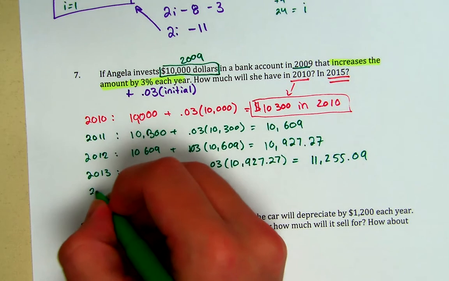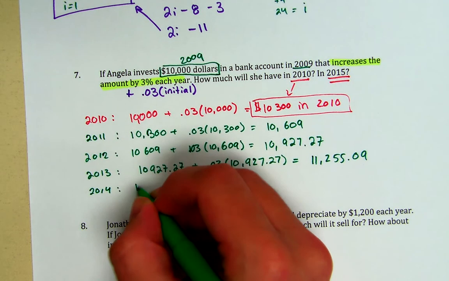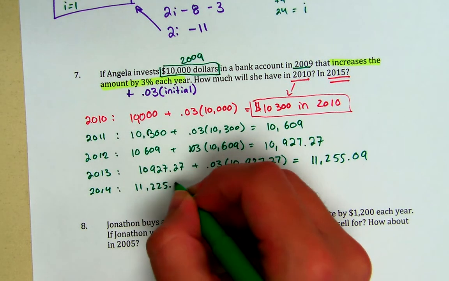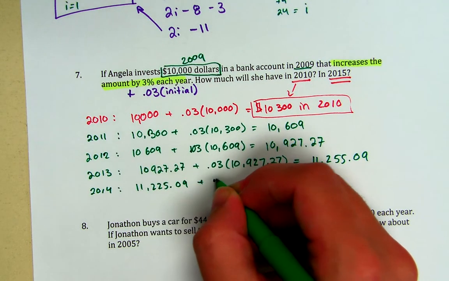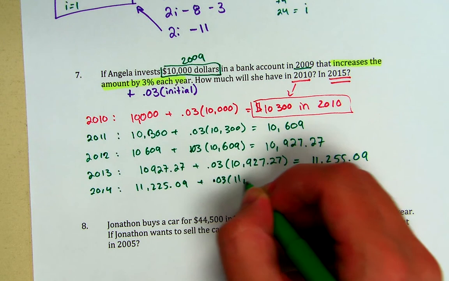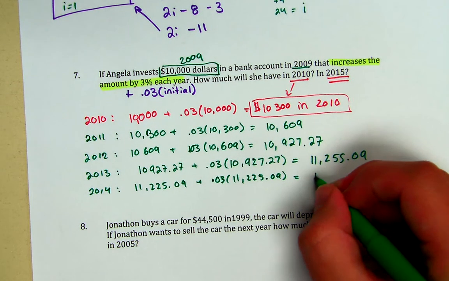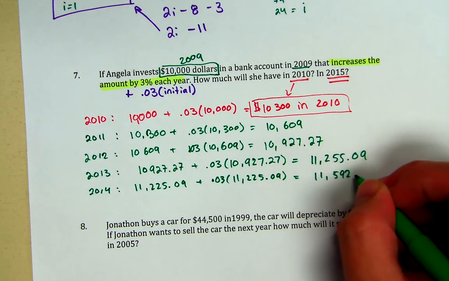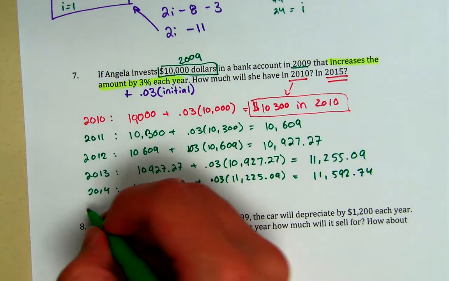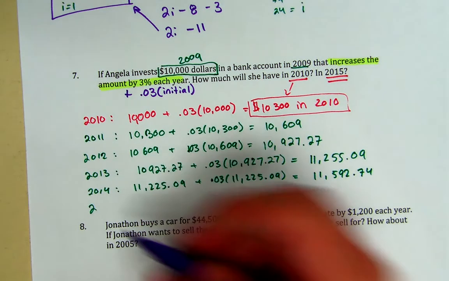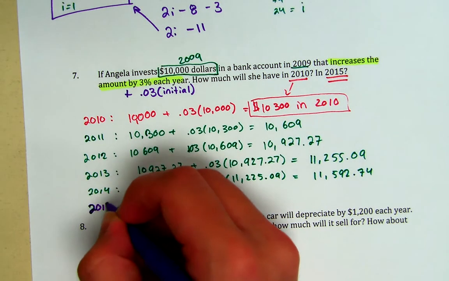Alright, now we're in 2014. 11,255.09 plus 0.03 of 11,255.09. We're at 11,592.74. And finally, we've made it to 2015.